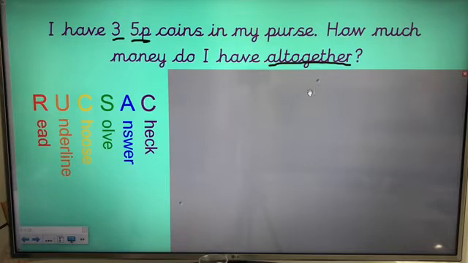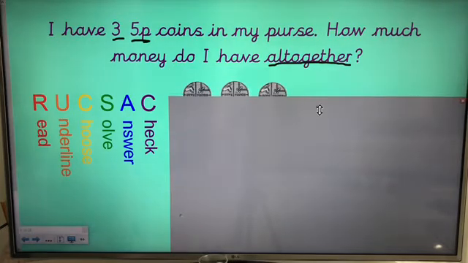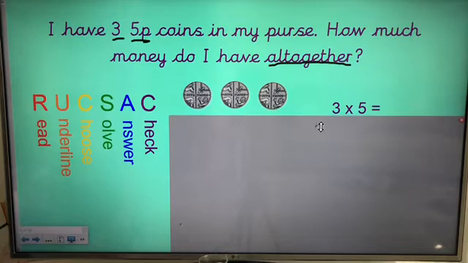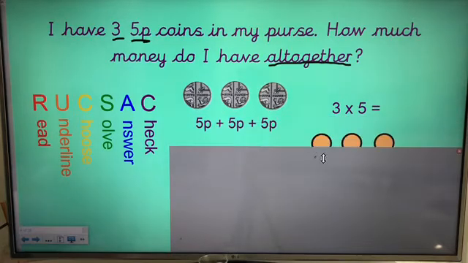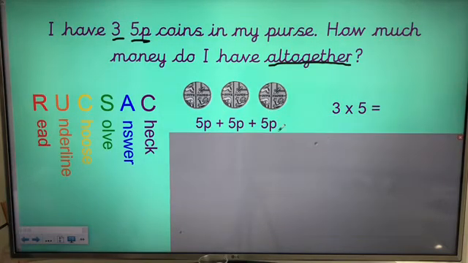So now we can solve it. Here's my 3 5p coins. I'm going to just cover that bit up for now. We've got 1, 2, 3, and I've written that out as repeated addition. We've got 5p, add 5p, add 5p. Let's use our addition to find the answer then. 5 in my head, add 5, ready?